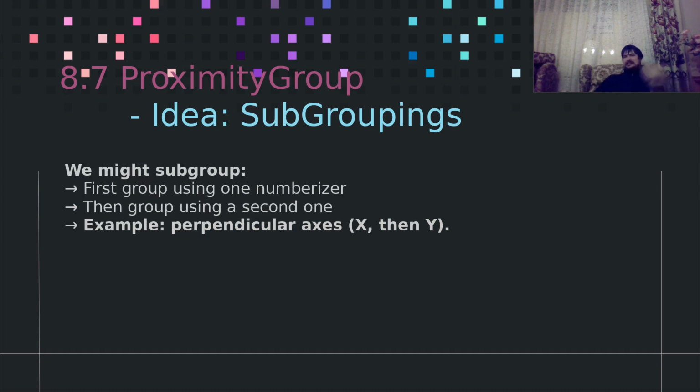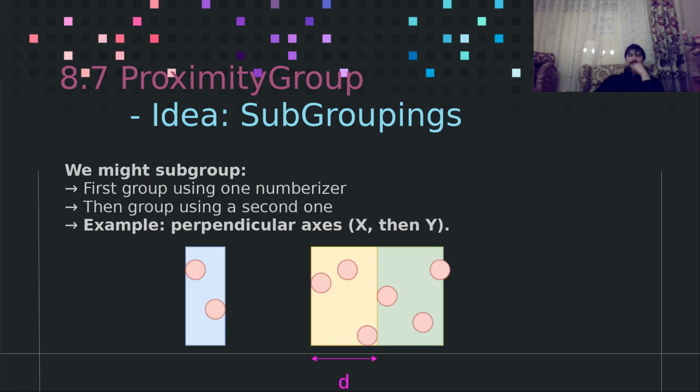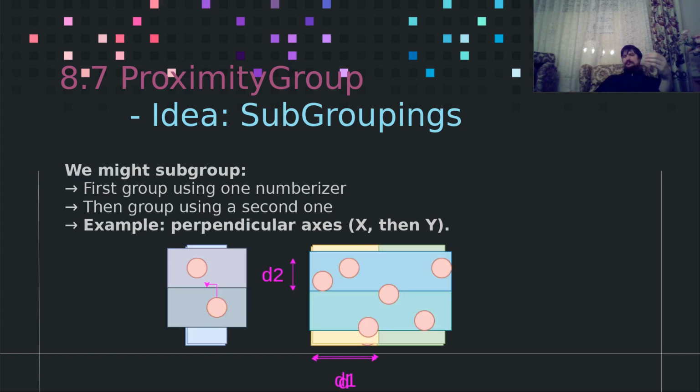The biggest example is using perpendicular axes, like x and y. So first we use the numberizer on the x-axis and create groupings. That's what we have already seen. This is the result. Then we numberize those groups according to the y-axis. And this is what we are getting.